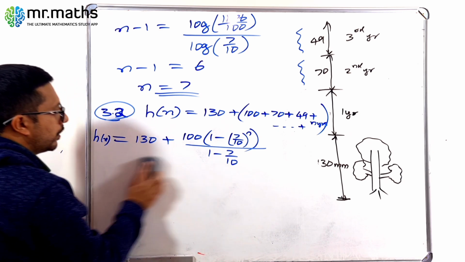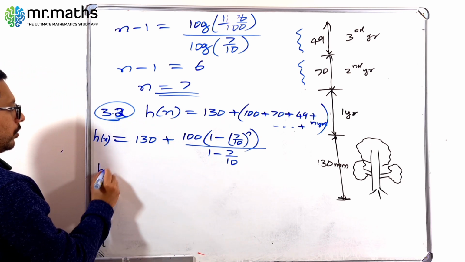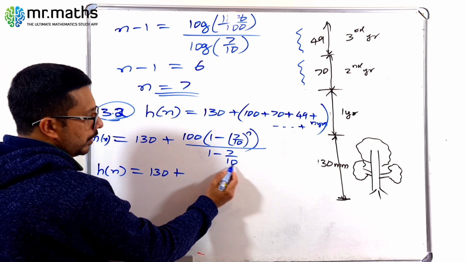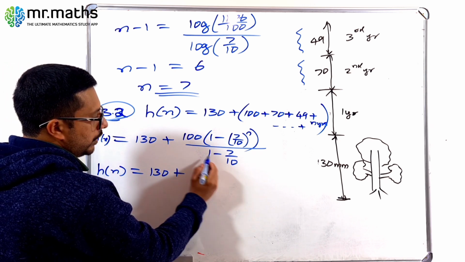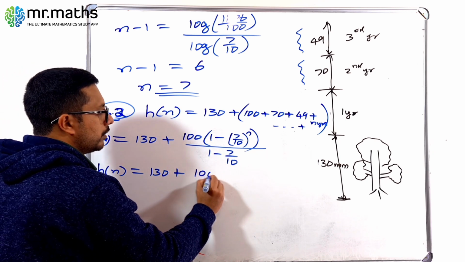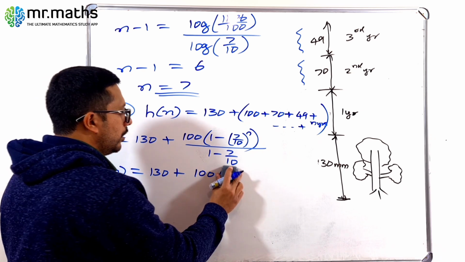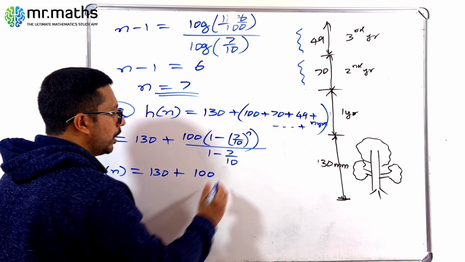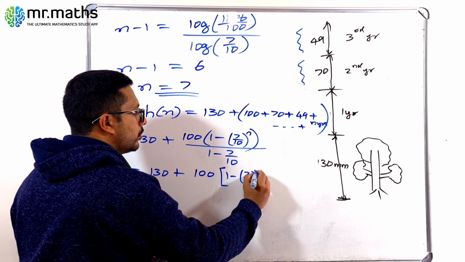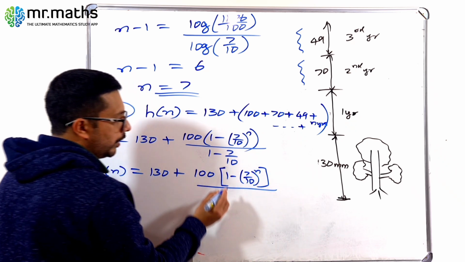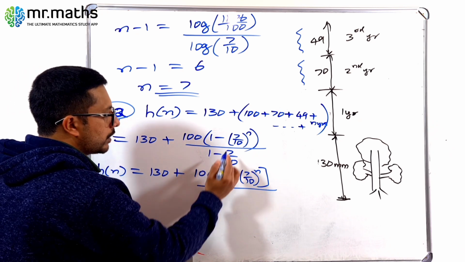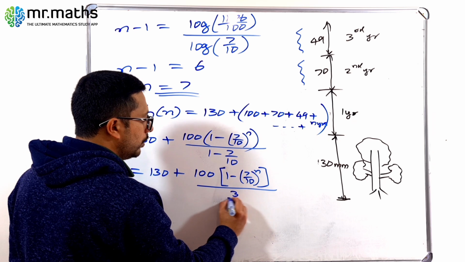So what is this one? H of n is equal to 130 plus this. When you simplify, what is the answer? 10 into 1 is 10, 10 minus 7 is 3. So it is 100 into, let me put a square bracket, 1 minus 7 over 10 raised to n, divided by this. 10 minus 7, that is 3 over 10.